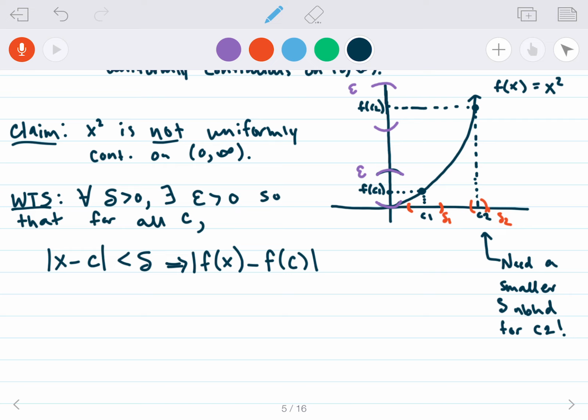Because we're looking at the negation here, the distance is going to be greater than or equal to epsilon, okay?